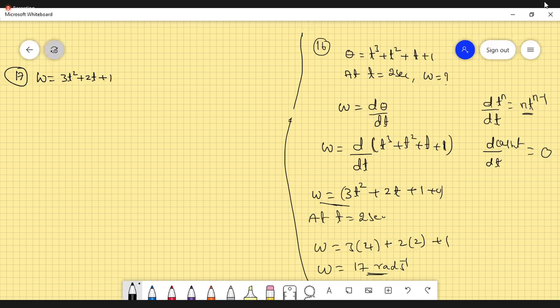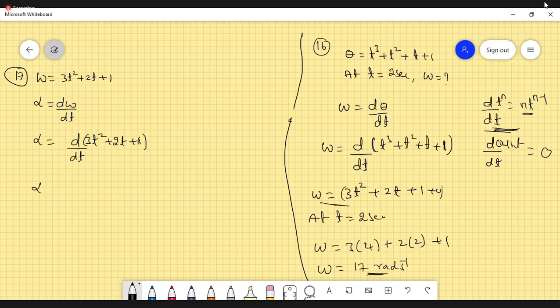So angular acceleration equals the rate of change of angular velocity. Therefore, alpha equals d by dt of 3t square plus 2t plus 1. Apply the same formula.